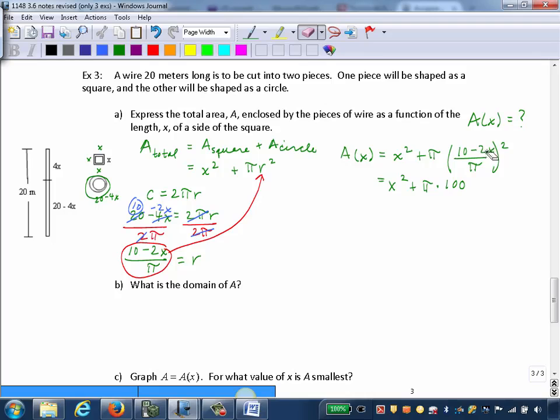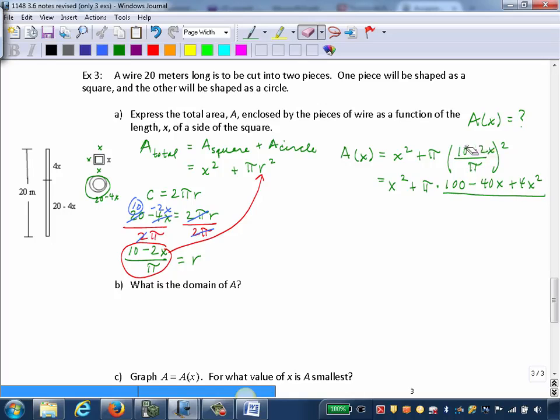Then I multiply 10 times negative 2x, so that's negative 20x, and then I double it, so that's minus 40x. And then I square my negative 2x, and I get 4x squared.